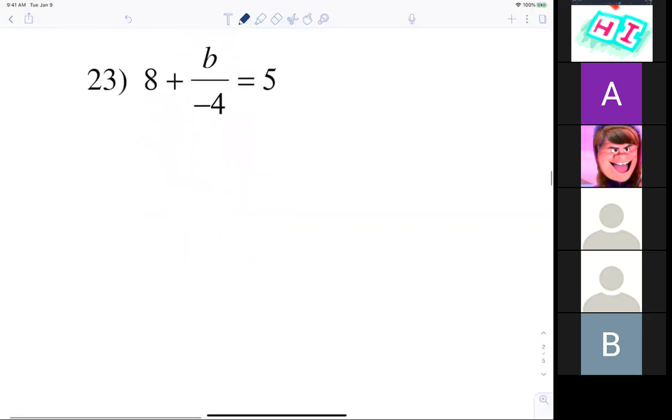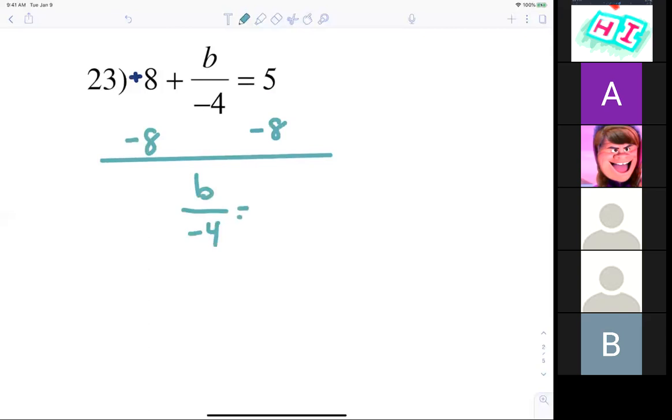Over here, number 23. No parentheses, so we're looking at this as a plus 8. So to get rid of a plus 8, we have to subtract 8. Thank you very much. And now you're left with b over negative 4 equals negative 3.